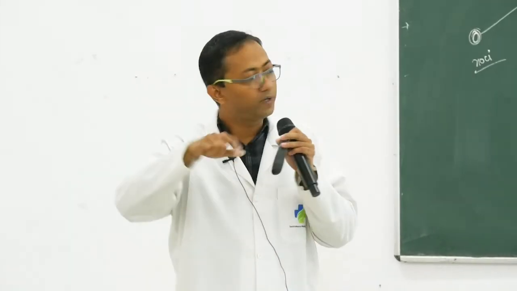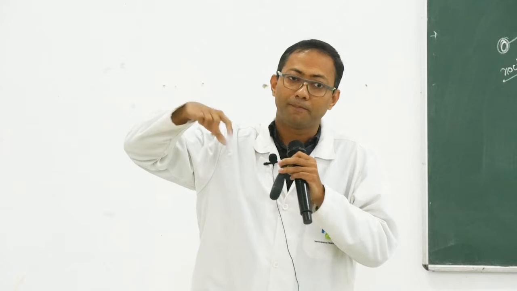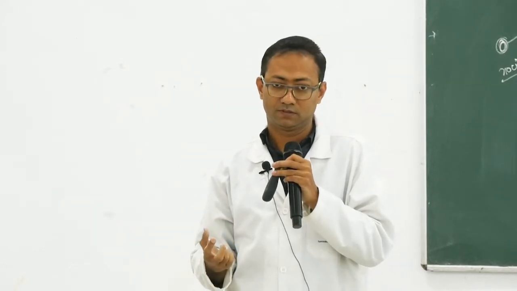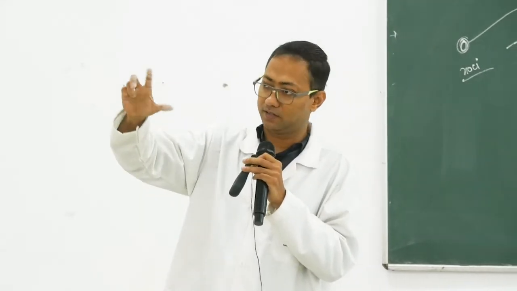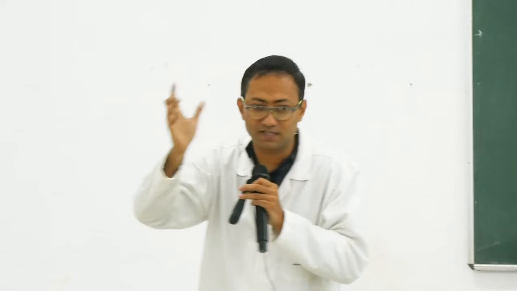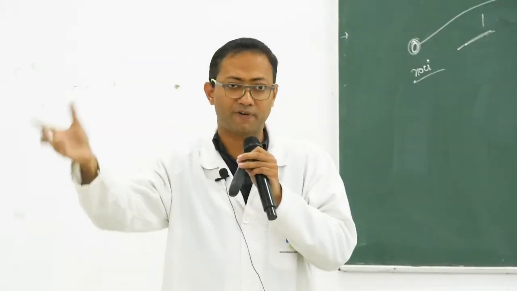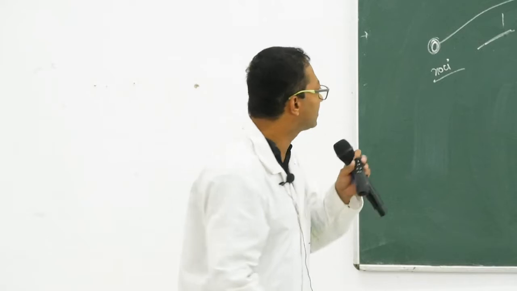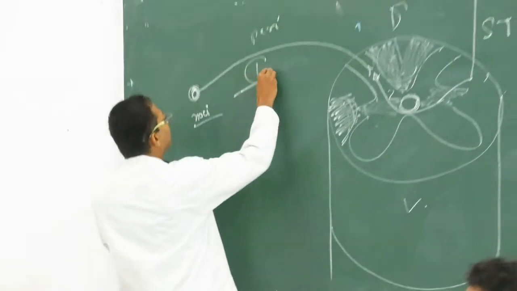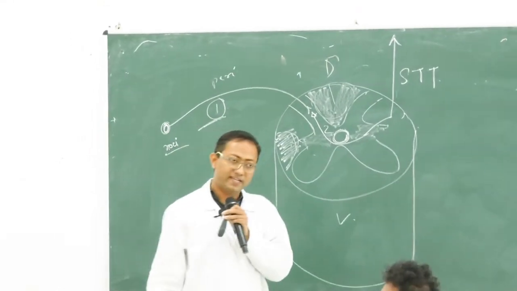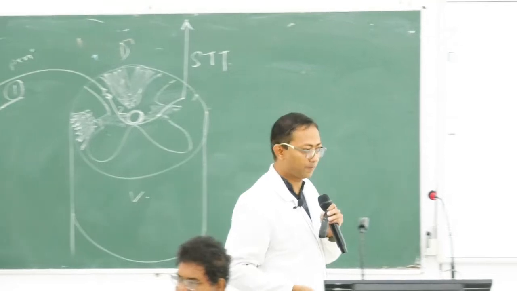Now we are giving examples of peripheral neuropathy, right? Inside the spinal cord, the tract is absolutely fine. Your spinothalamic tract and dorsal column are absolutely fine, but the peripheral neuron, that means the first order neuron, is affected. So this is peripheral neuropathy.